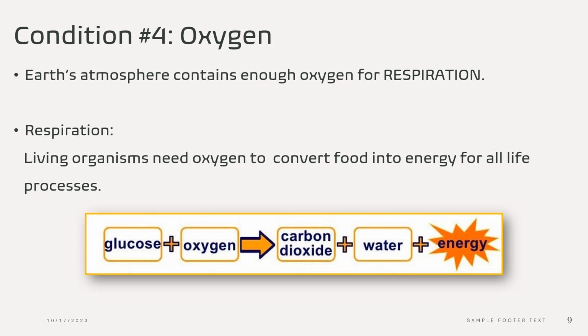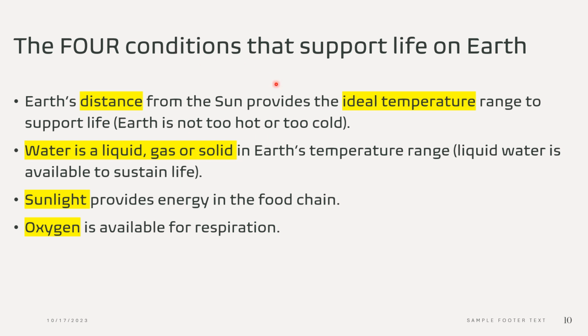So let us recap. There are 4 conditions that support life on Earth. The first one is the Earth's distance from the sun provides the ideal temperature range to support life. So in other words, Earth is not too cold or too hot, so it can support life. Because of the distance we are from the sun, it provides us with an ideal temperature range.